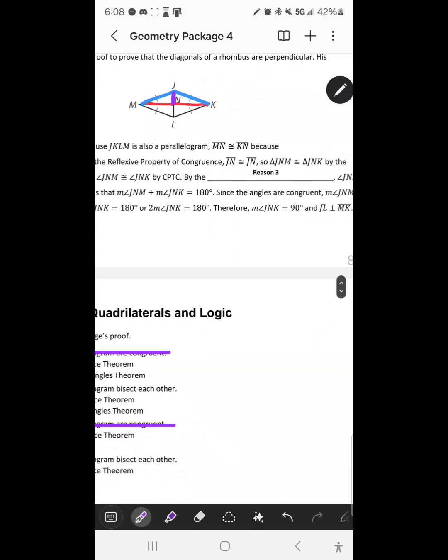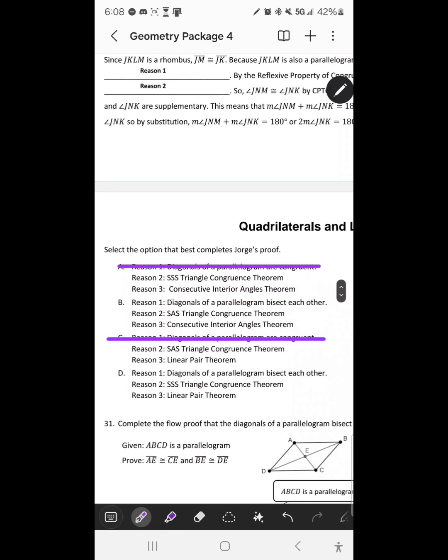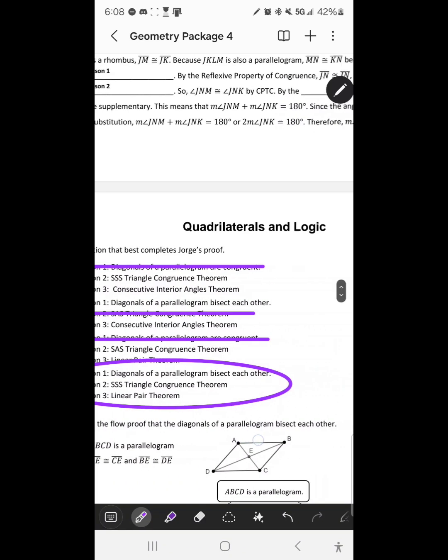So the two triangles are congruent by the side-side-side theorem. Here we have SAS, so it's not that. We see that D is going to be our option because it's the only one that has not been discarded.